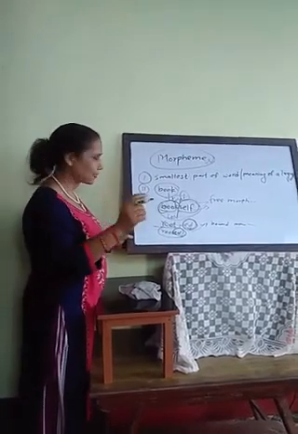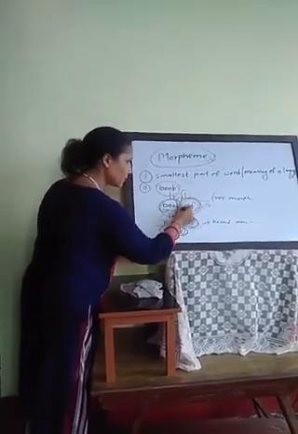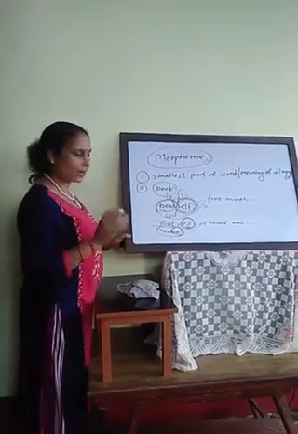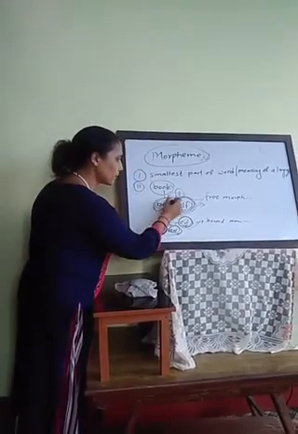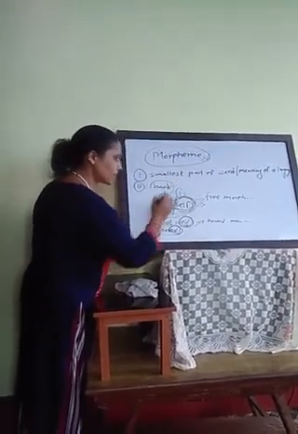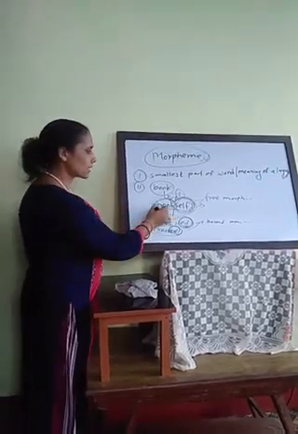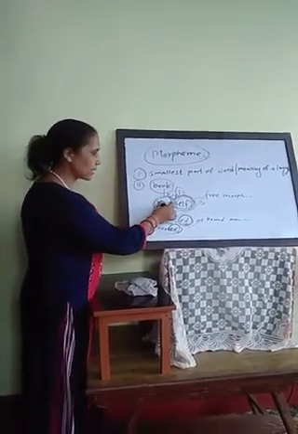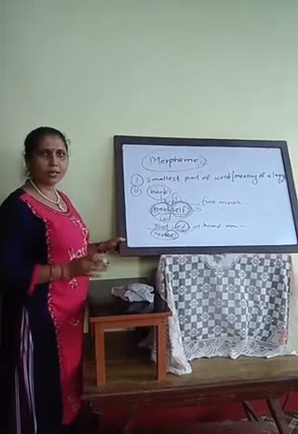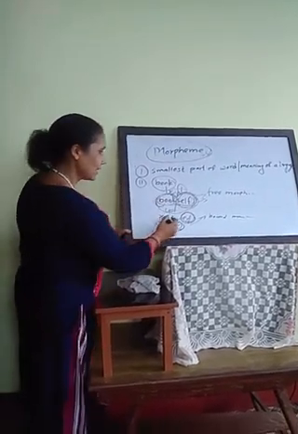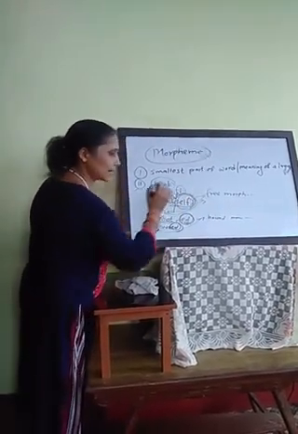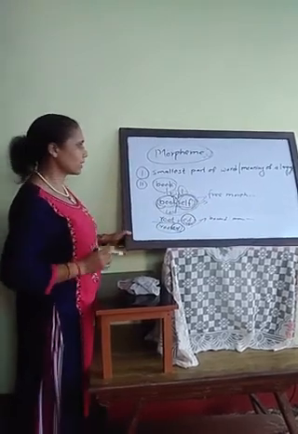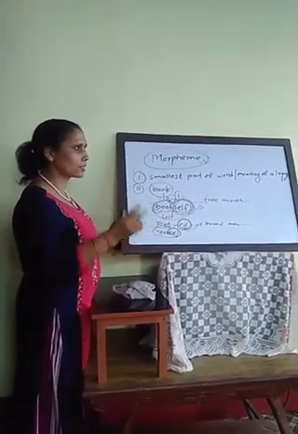Yes, very good. In free morpheme, we can have the meaning of both morphemes. Book has a different meaning, and self has another meaning. So this is a free morpheme.